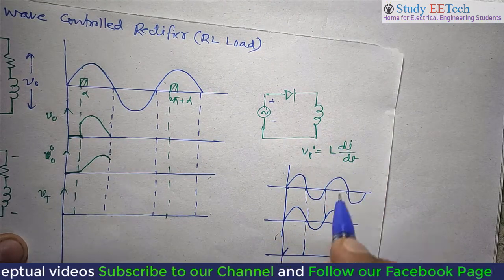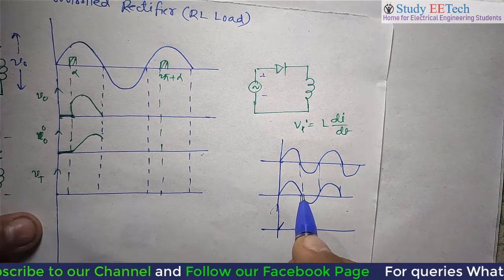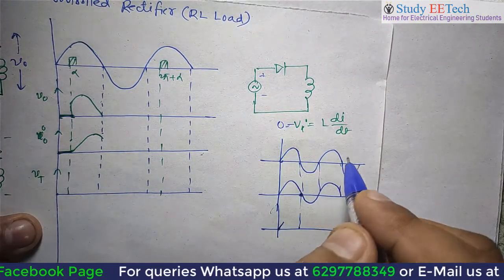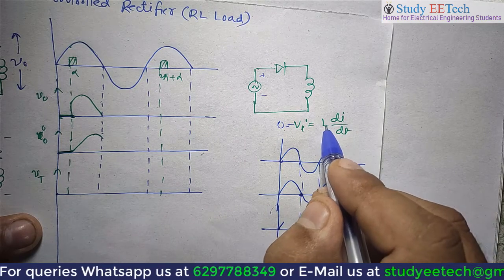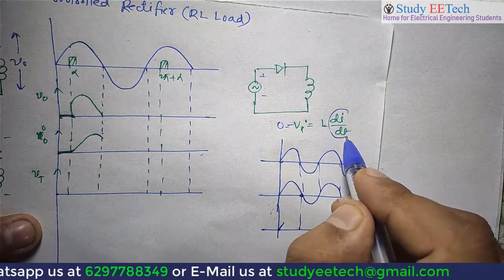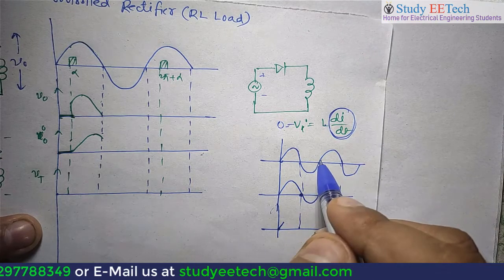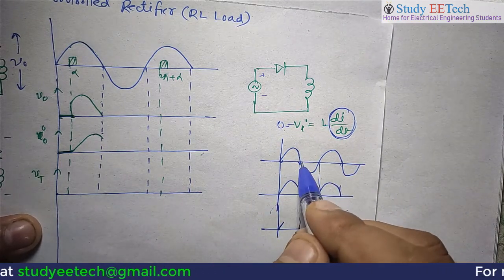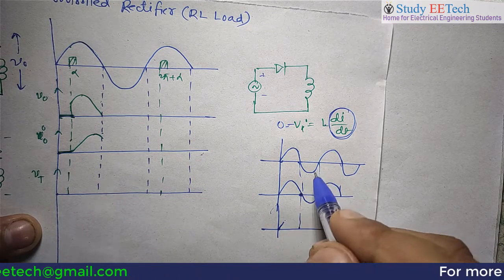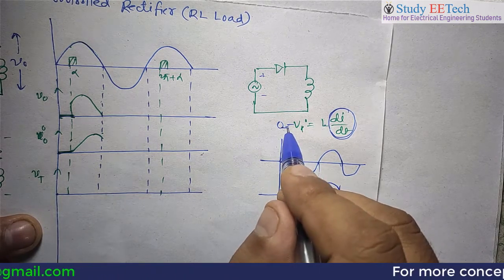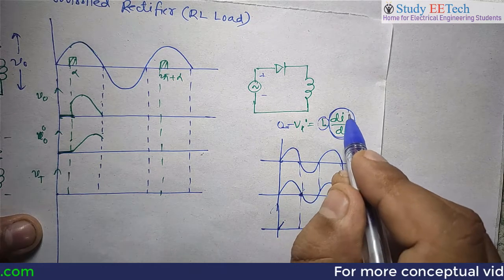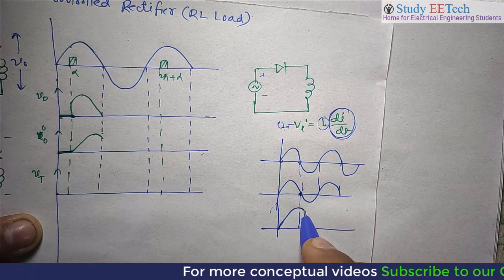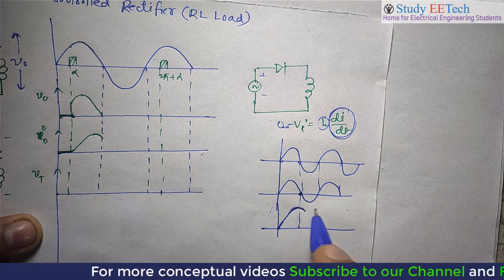At this point the input voltage is 0, so L di/dt is 0, and L cannot be 0, so di/dt must be 0. Mathematically, before pi the current is increasing, and at the point pi the voltage is 0, so di/dt has to be 0. So it will have a positive peak at the point pi.